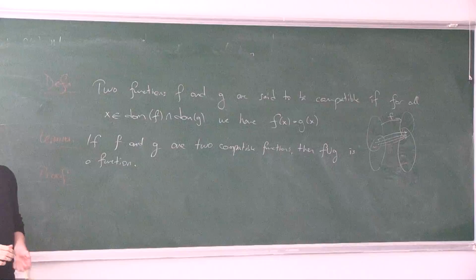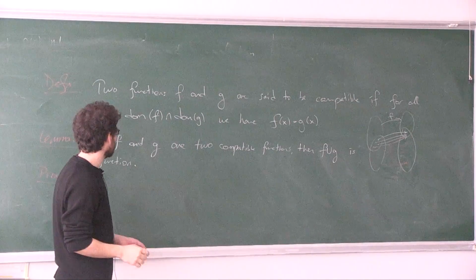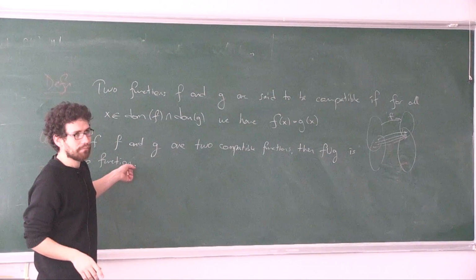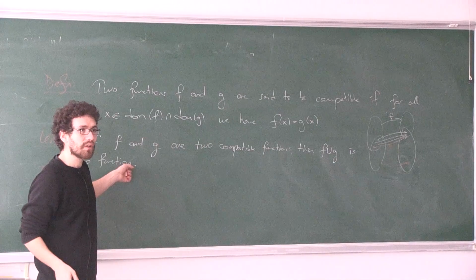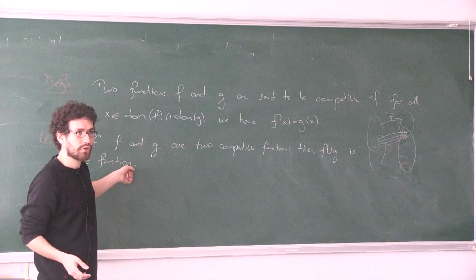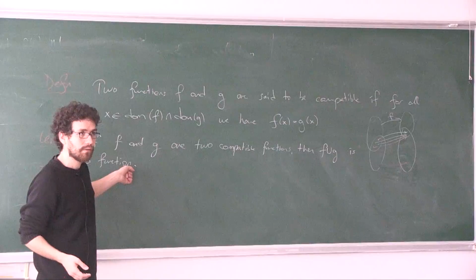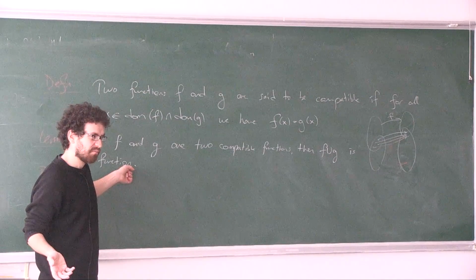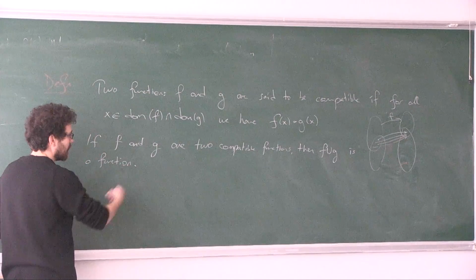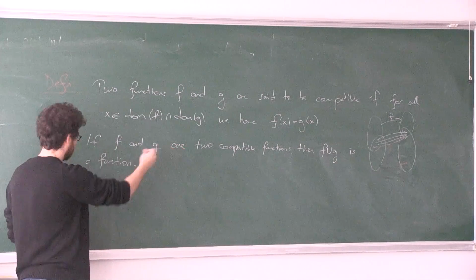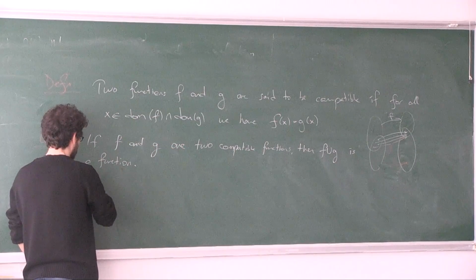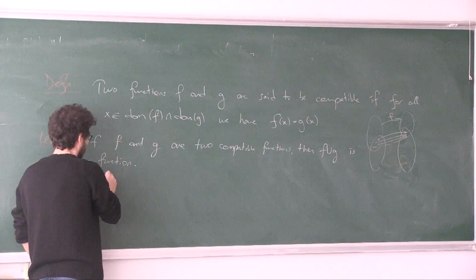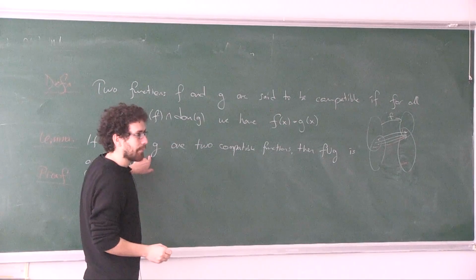Let's prove this. So how do I prove this? What's a function? Again, these are all just to internalize these concepts. A function is a relation satisfying a certain property. So, first of all, is this a relation? Well, this is a set of ordered pairs. This is a set of ordered pairs.